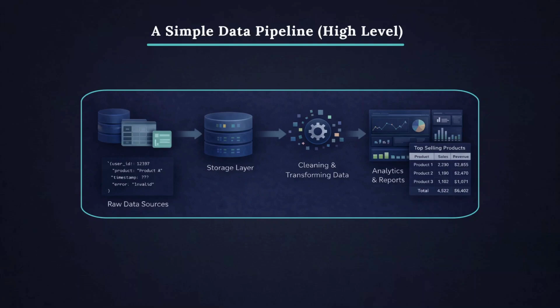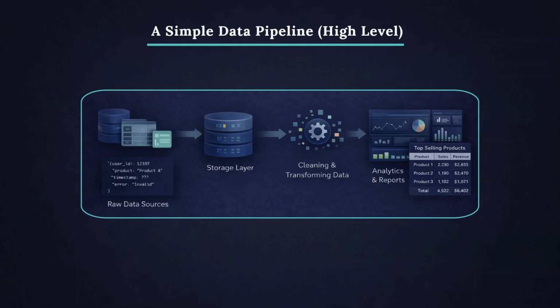You might hear terms like ETL or ELT used here. These terms describe when the transformation happens, before or after the data has been stored. Don't worry, we will go deeper into those concepts later.